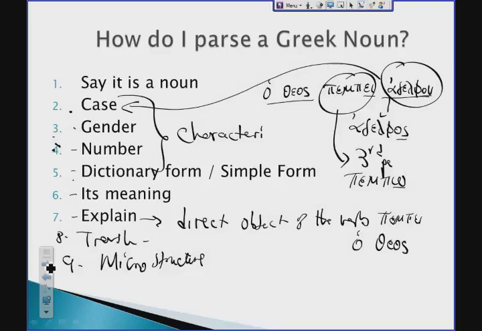Ho theos, and then there you have your verb, pempei, and there you have adelphon. There is your subject, and there is your direct object. That's how you do your microstructure. But we will talk about that. If you haven't done it, I will introduce it to you.